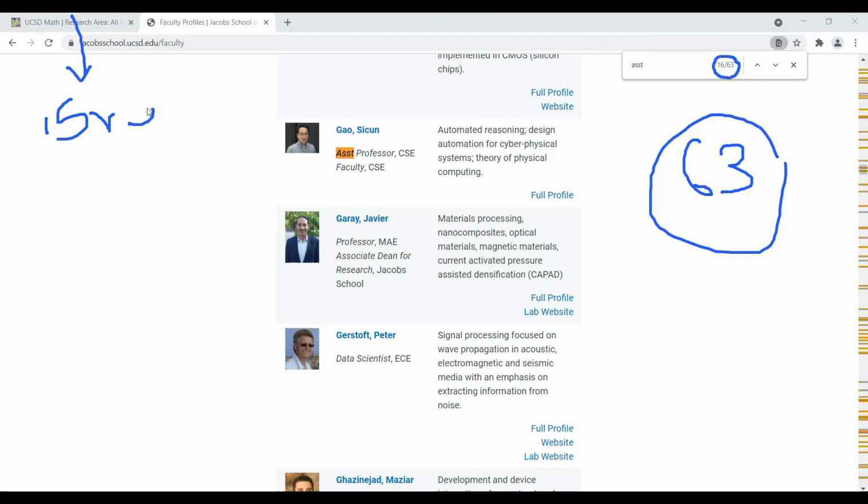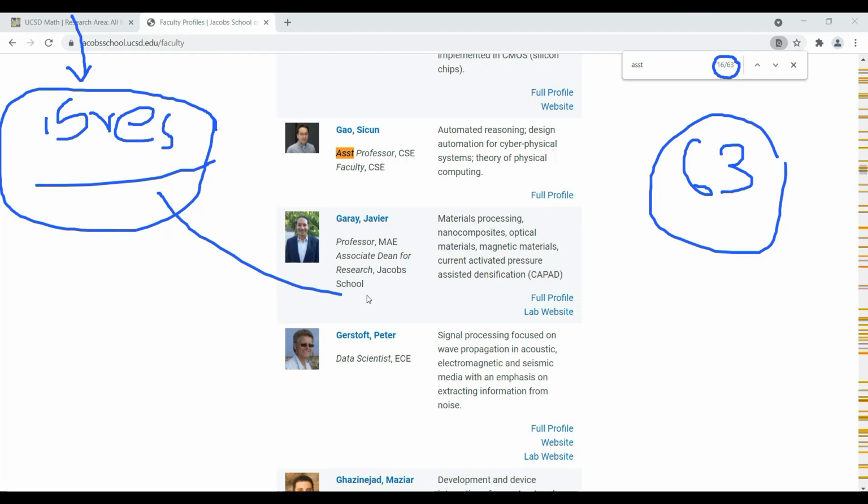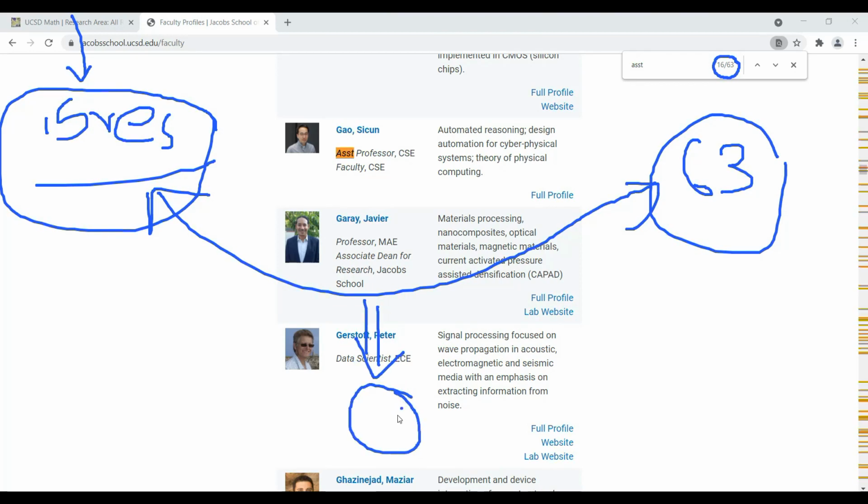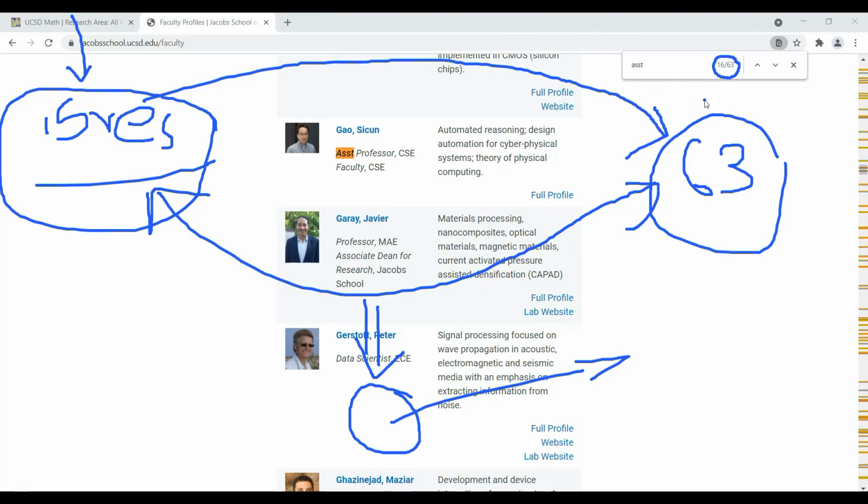So it is better to search in the 15 results, and whoever matches, we will compare and get the answer. Okay, so we will check from the 15 ones whether there is one professor who also teaches at CSE, the computer science department, and that will be our answer or the flag.